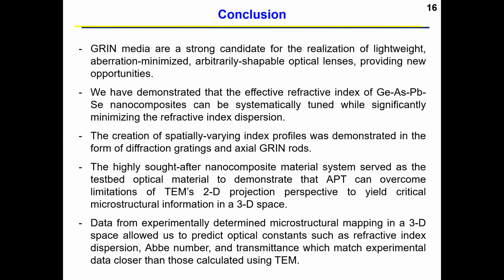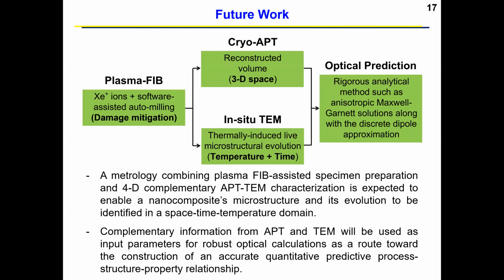We are now entering a three-dimensional microstructural methodology where we are striving to construct a really accurate predictive design process-structure-property relationship, which can be used by glass scientists and optical designers to efficiently and accurately realize the target GRIN devices. While the APT-driven material characterization and optical calculation provided us a really great result, there is still so much to improve.